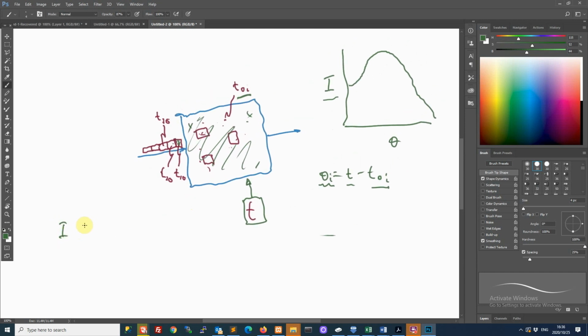So define it such that if we multiply I of theta by delta theta, then we will get the fraction of fluid elements that's currently in the reactor in age range theta to theta plus delta theta.